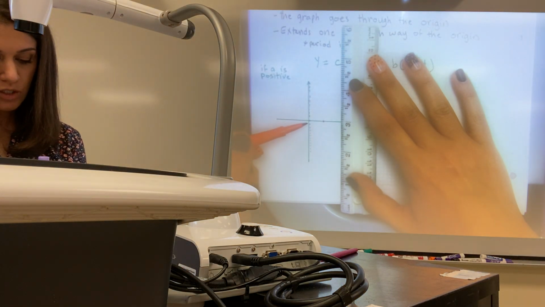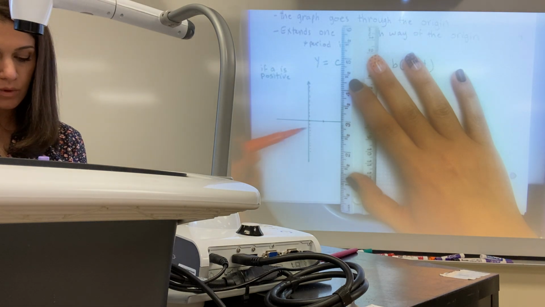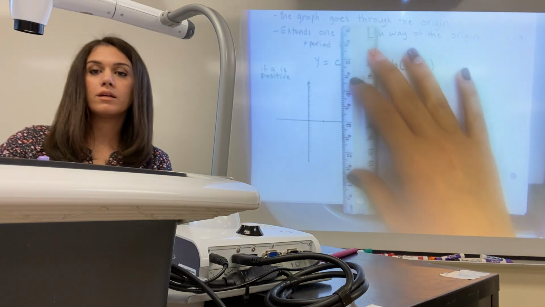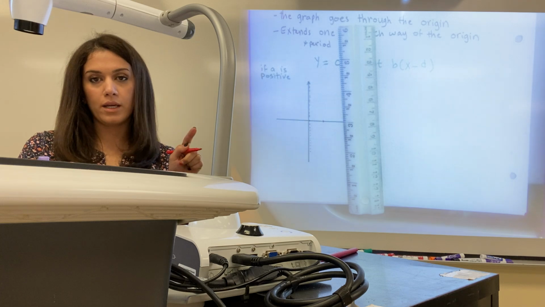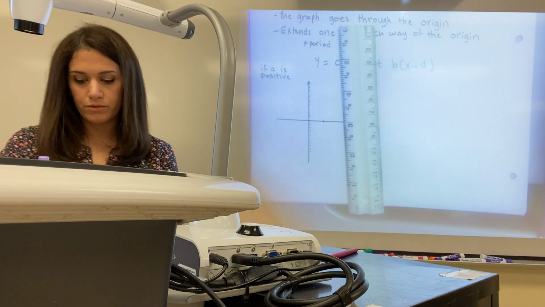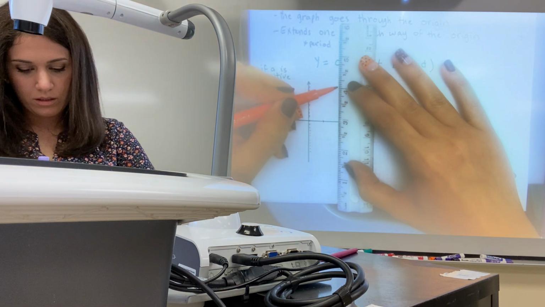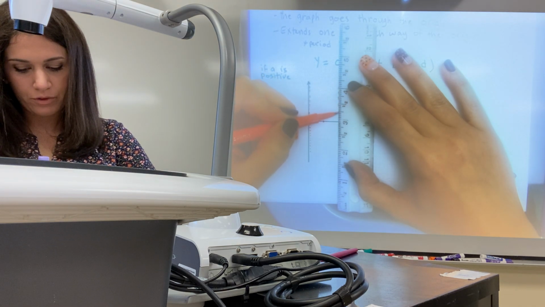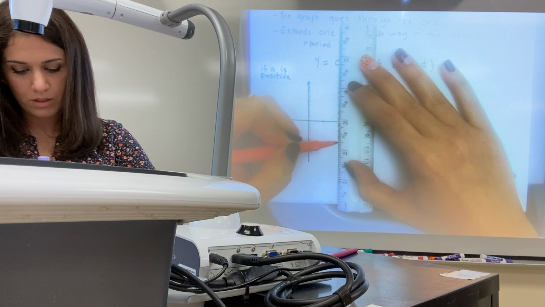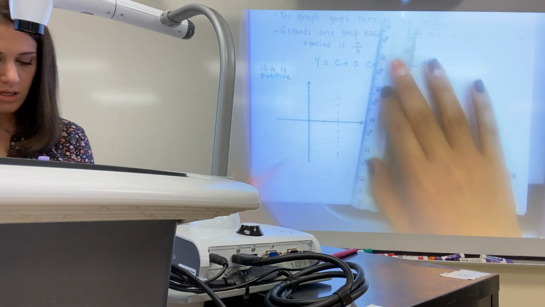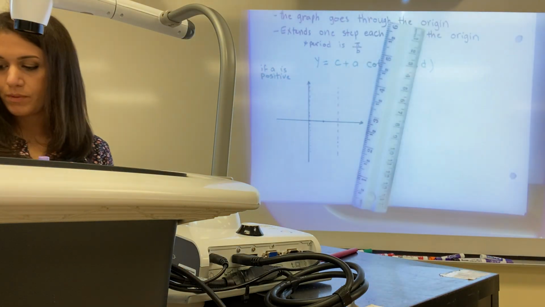For the cotangent, the values will be from 0 to 1 pi, 0 to pi, then it will start repeating itself. So here we have the other vertical asymptote, and you will have one step in the middle.